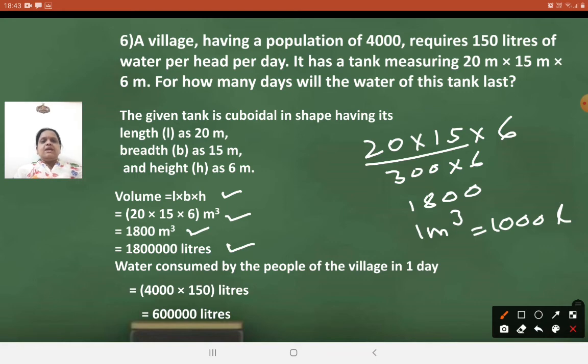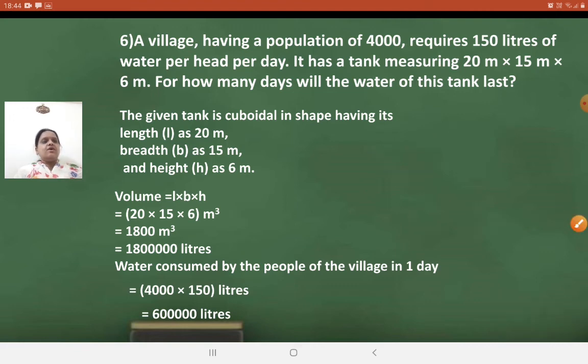Yes, that many liters. Okay, so water consumed by the people of the village in one day equals the population, 4000, multiplied by 150, because 150 liters is consumed per head per day. So again multiply over here 4000 into 150.